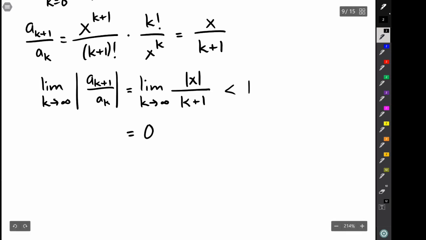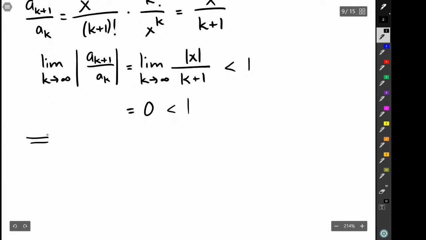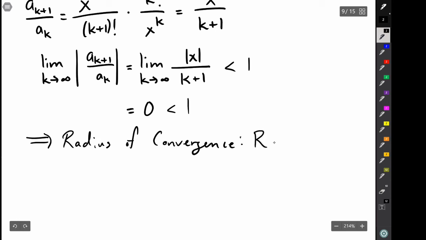So this limit is 0, which is always less than 1. If we get 0, what this means is that the radius of convergence, which we usually call capital R, is infinite.